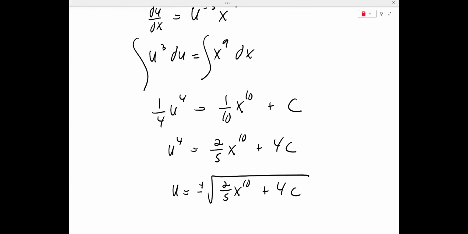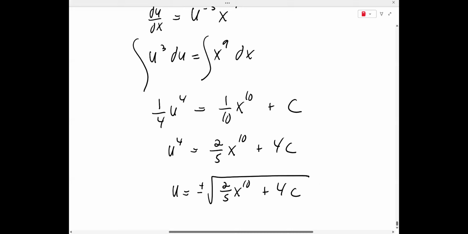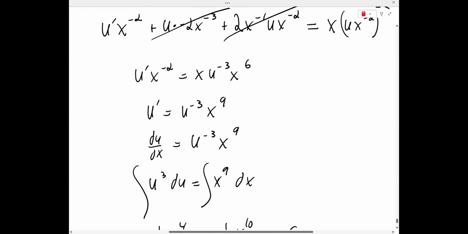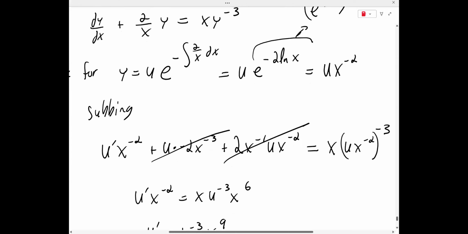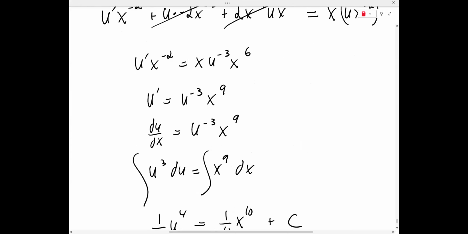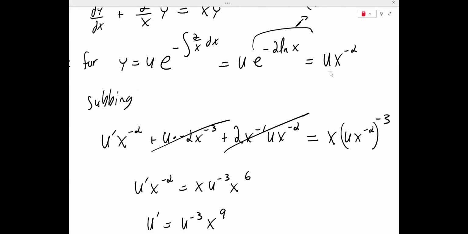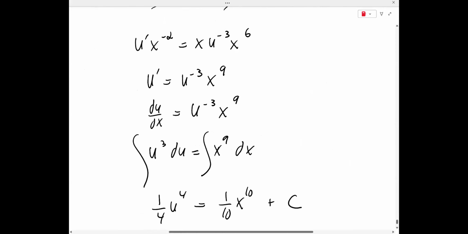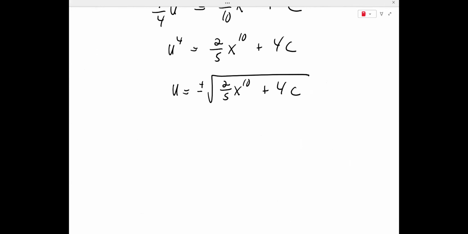But also there was an assumption here. I had an assumption earlier that y was greater than 0. Now, what does that mean? Here it is. This is our thing right here: y is equal to u x to the negative second. If y is greater than 0, and x to the negative second is always greater than 0, then u has to be greater than 0 as well.